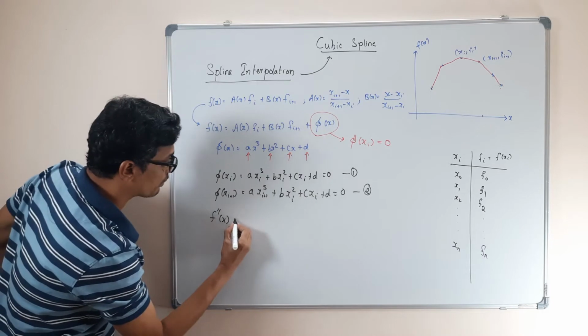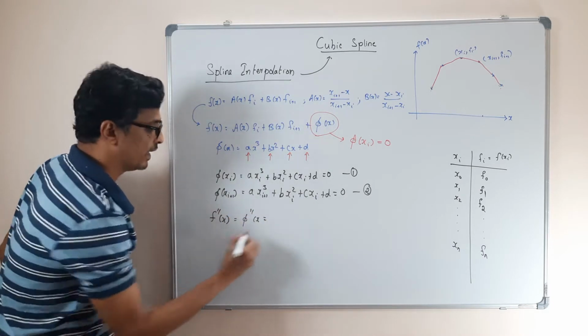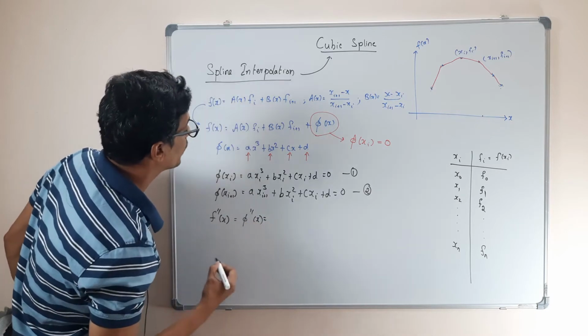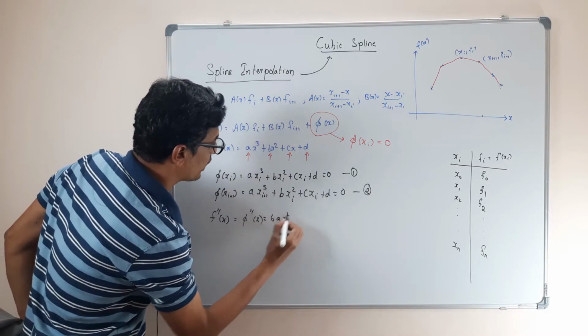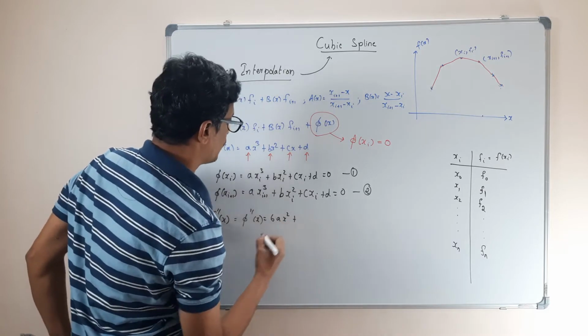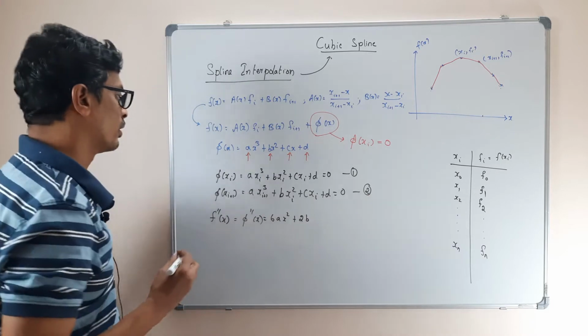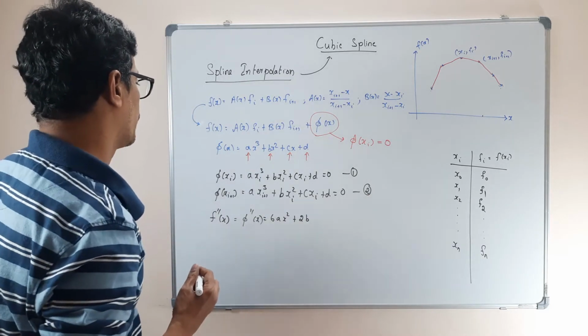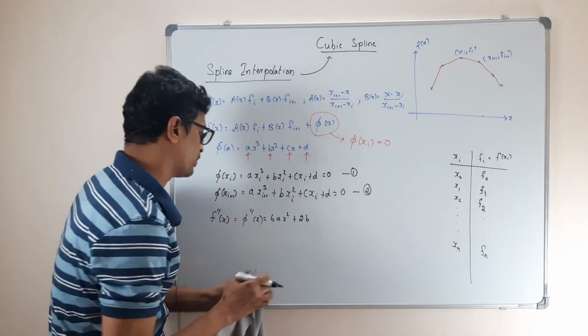So f double prime of x is nothing but phi double prime of x, and that is 6ax plus 2b.